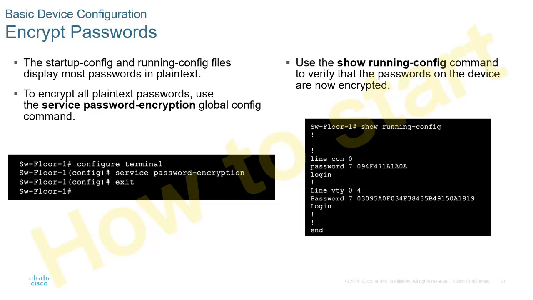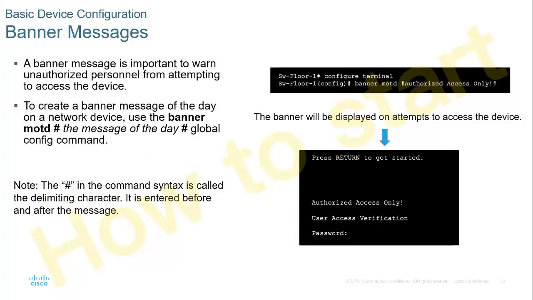Now that we talked about naming and passwords, let's talk about how to set a banner. When you log into the device, here is a message. How do we set that message? We do that by typing banner motd, a special character, typing the message, and ending with the same special character.